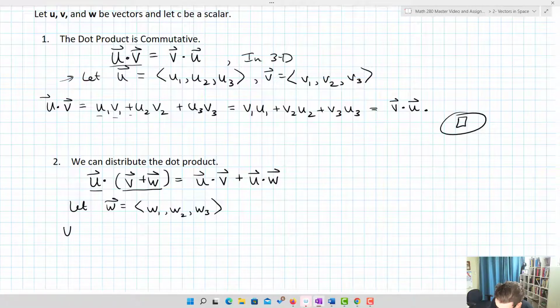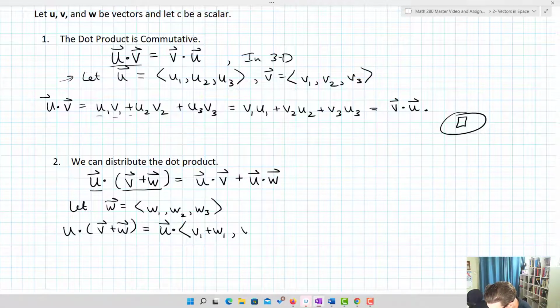And so u dot v plus w is going to equal u dotted with, and we're going to add v plus w together. So that's going to be v1 plus w1, comma, v2 plus w2, comma, v3 plus w3. That's basically what we're looking at.